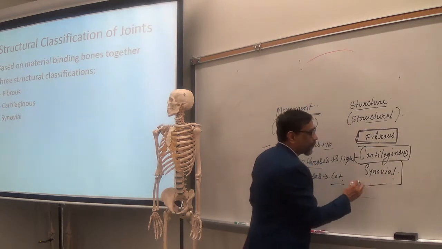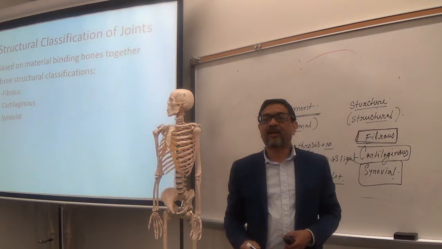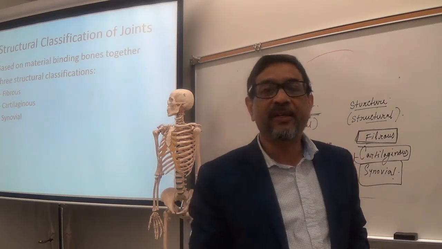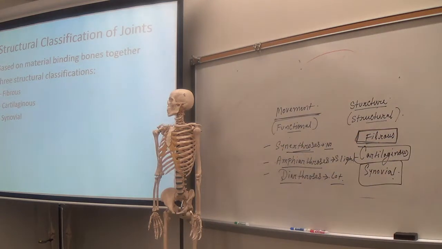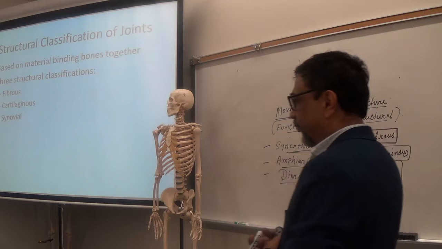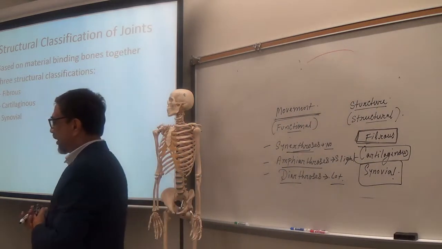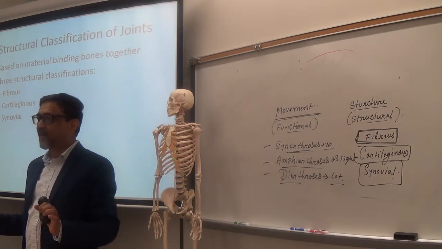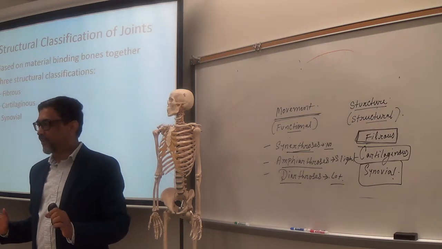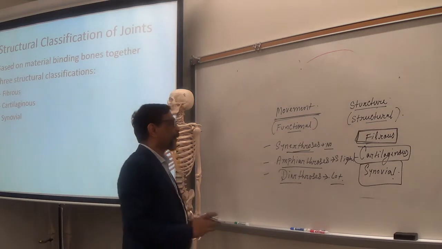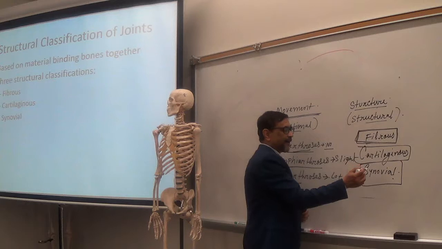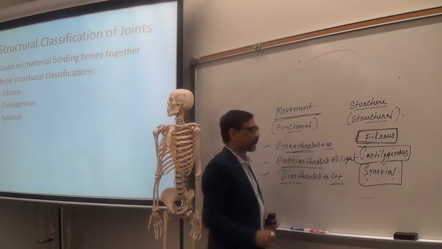Synovial, bones are connected by fluid. Synovial fluid. Cavity contains fluid. So there is a gap in between the bones, and synovial fluid fills the gap. Is it clear? So fibrous, cartilaginous, and synovial.